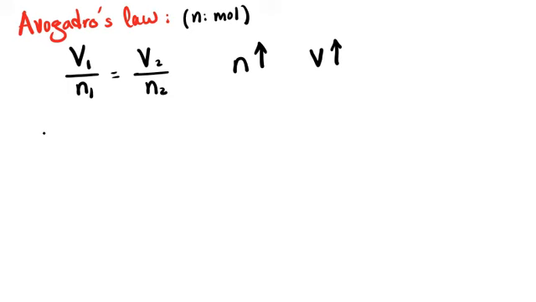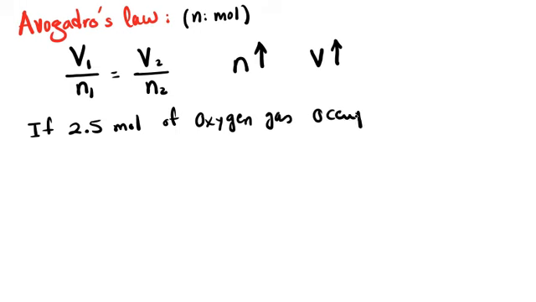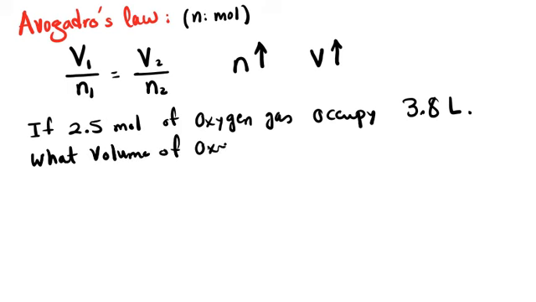So for example, if 2.5 moles of oxygen gas occupy 3.8 liters, what volume of oxygen gas has 9.6 moles?